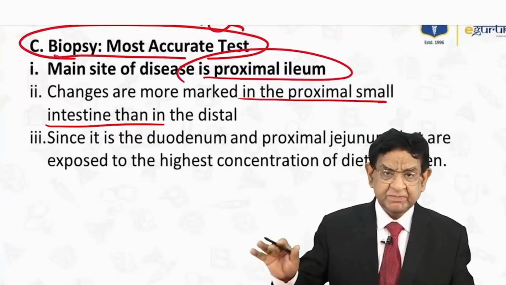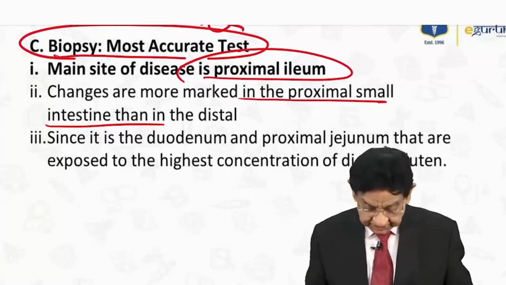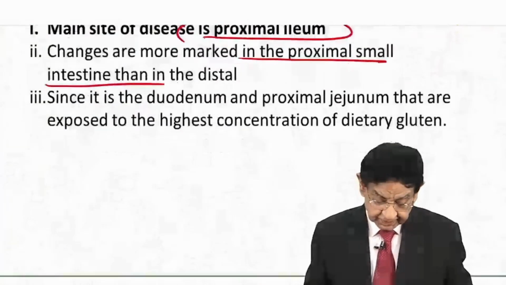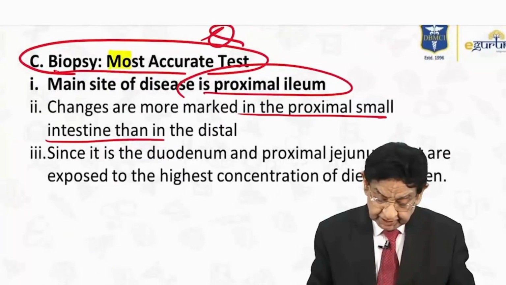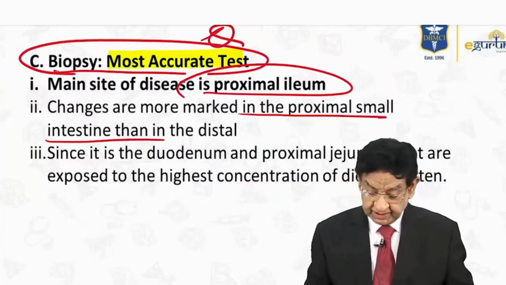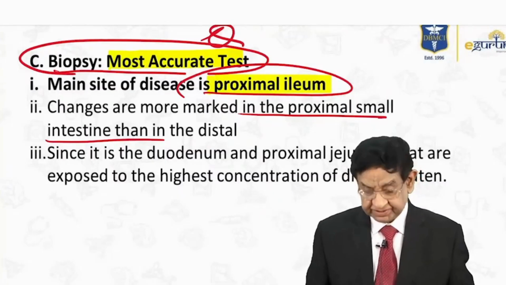That's why maximum damage occurs in that part. Okay. So the only keyword is the most accurate test is biopsy, and the proximal small intestine is the site of the disease. Okay.